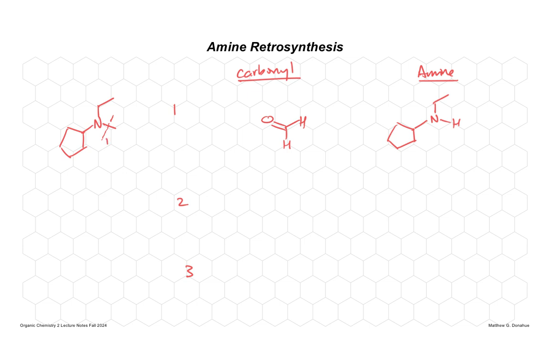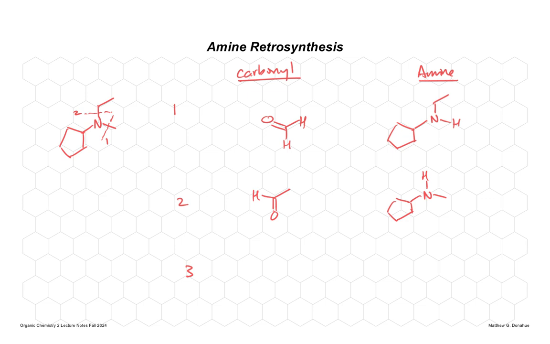If we wanted to do the other one, the ethyl, the carbon bonded to that nitrogen has to be now an aldehyde, a 2-carbon aldehyde. And the amine component, I guess that would be methyl cyclopentylamine.